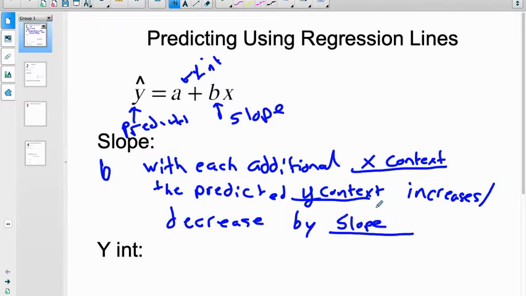So the underlined parts are what you should be filling in when you're interpreting it.